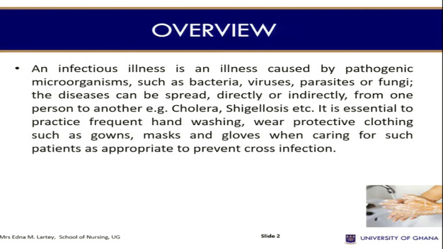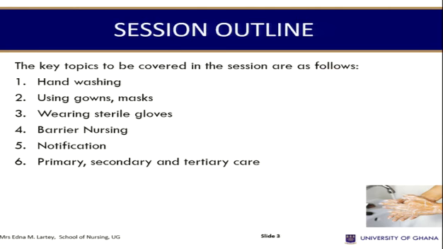It is essential to practice frequent hand washing, and wear protective clothing such as gowns, masks, and gloves when caring for such patients as appropriate to prevent cross-infection. The key topics to be covered in the session are as follows: hand washing, using gloves and masks, wearing sterile gloves, barrier nursing, notification, primary, secondary, and tertiary care.